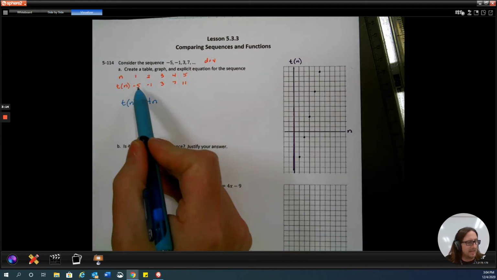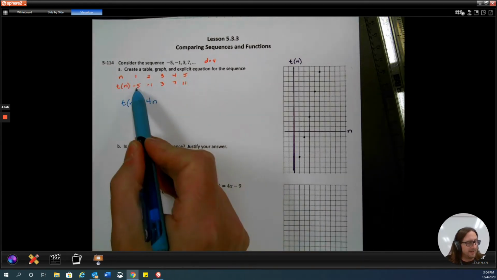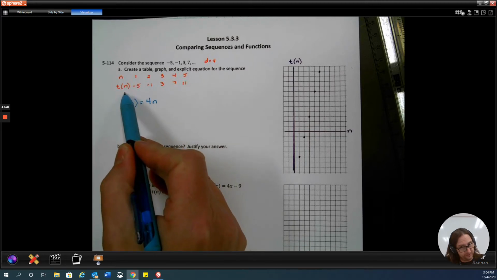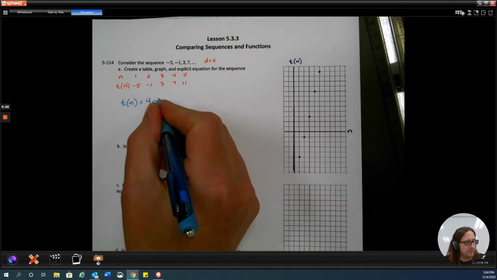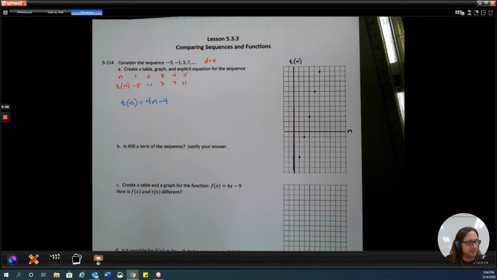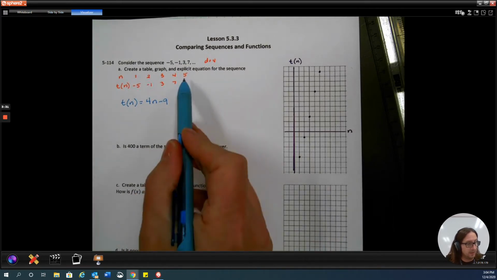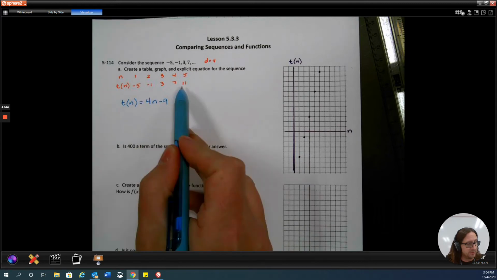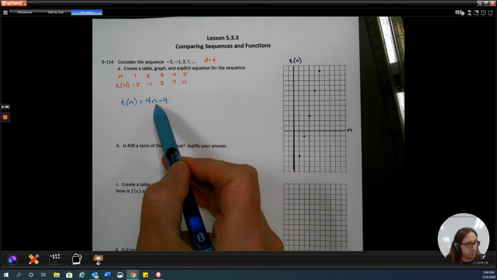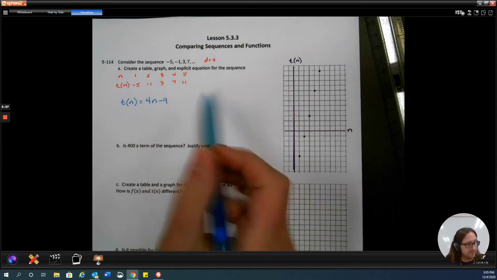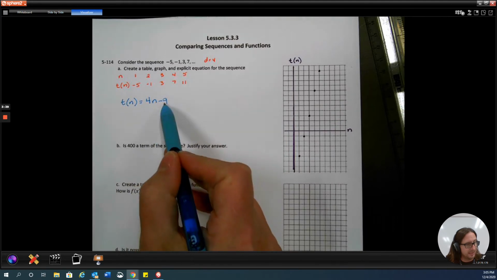Since we're adding 4 going this way, to find our 0th term, which doesn't exist, we're going to subtract 4 going the other way, so we would get -9. So there is our sequence. We can double check by plugging in our term numbers to see if we get the terms. If I plug in 5, 20 minus 9, 11 works. If I plug in 4, 16 minus 9, 7.